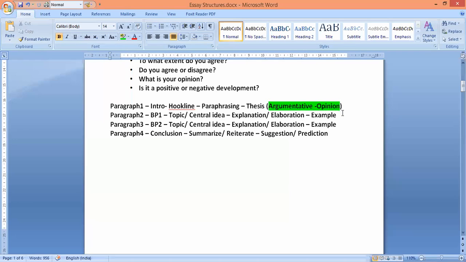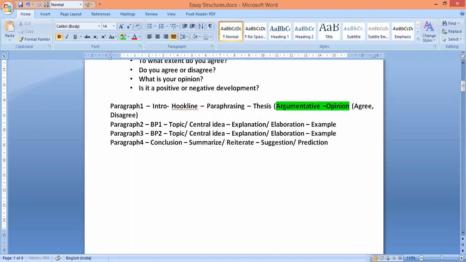And in argumentative, we should give an opinion, and the opinion can be completely agree, disagree, or partially agree. So this can be your opinion.